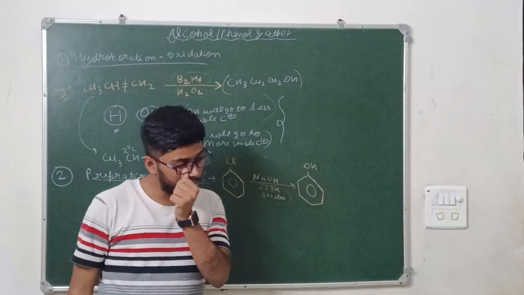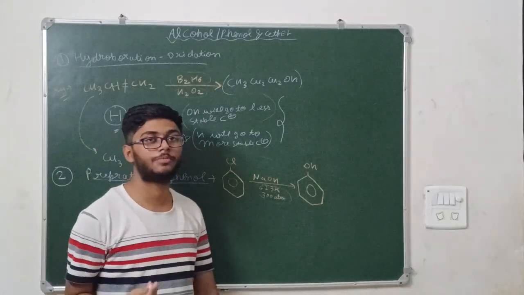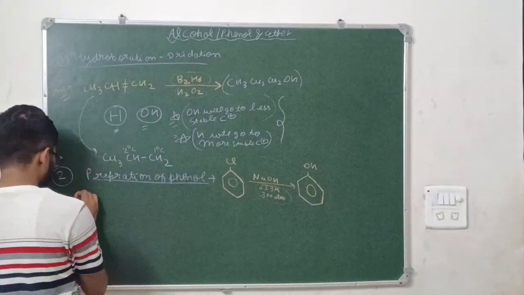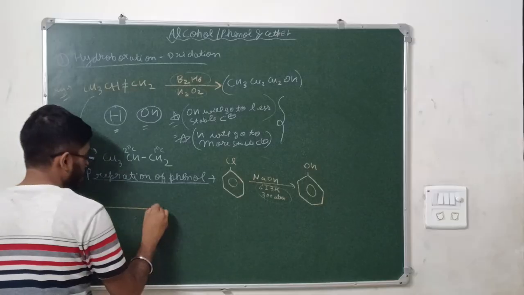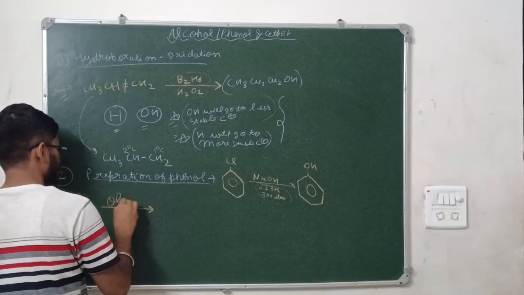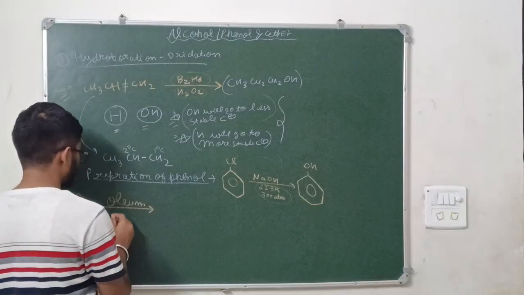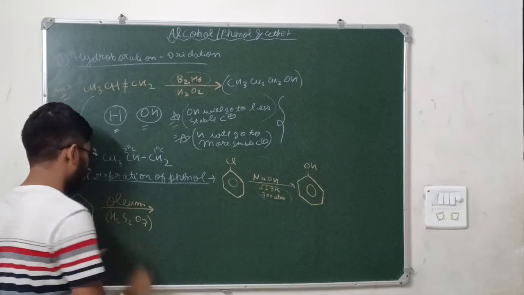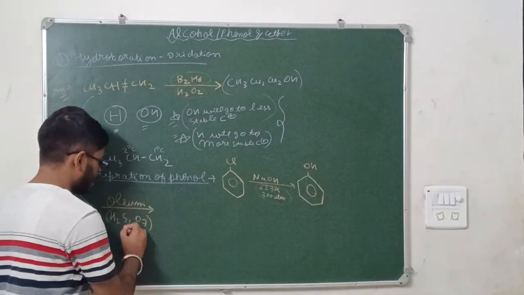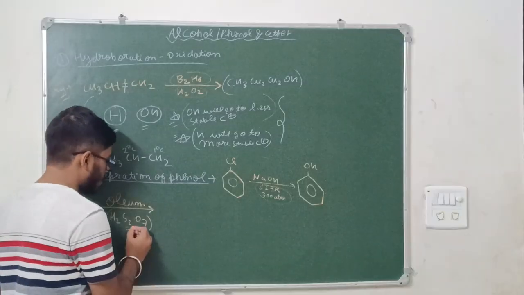The second method, which is very important and frequently asked in the JEE Mains and Advanced paper, is that you take benzene and add oleum to it. I think the formula of oleum was H2S2O7. You can cross check it. I'm not sure the formula is exactly this, but it was something like this.